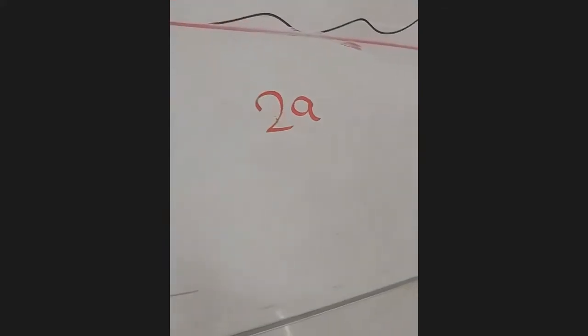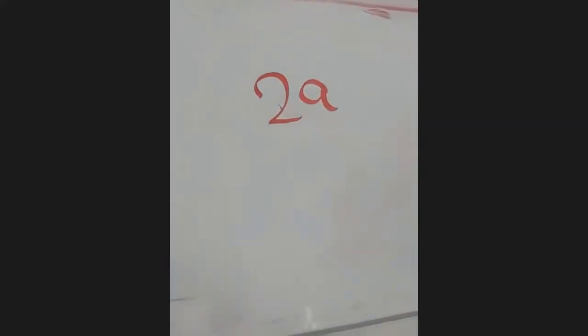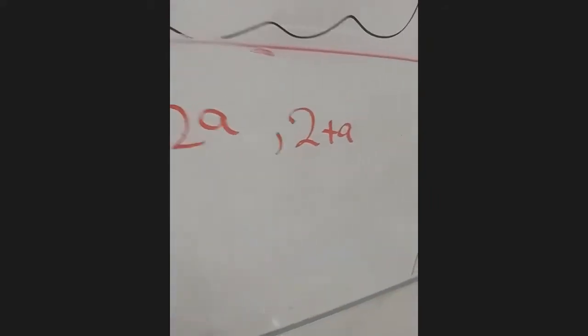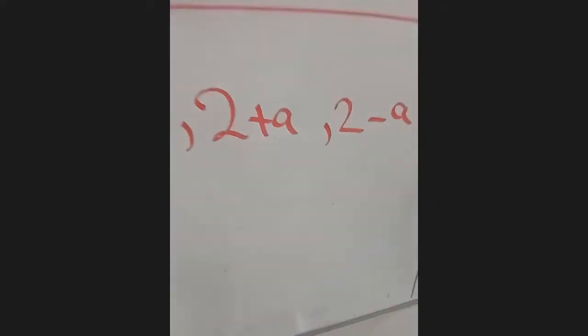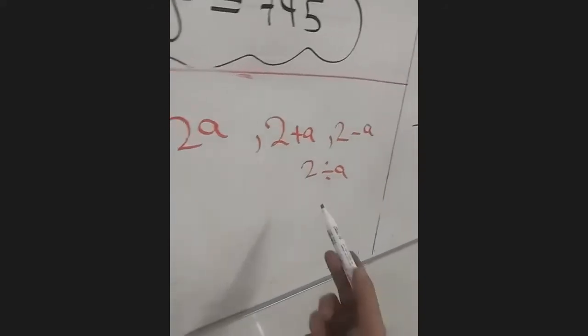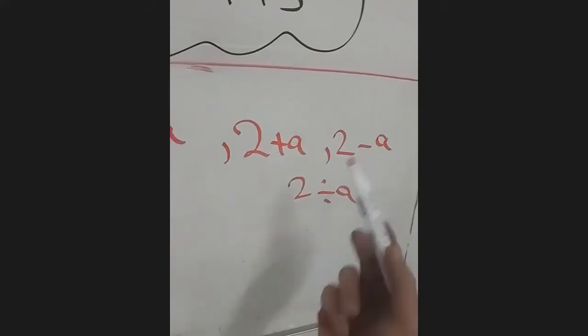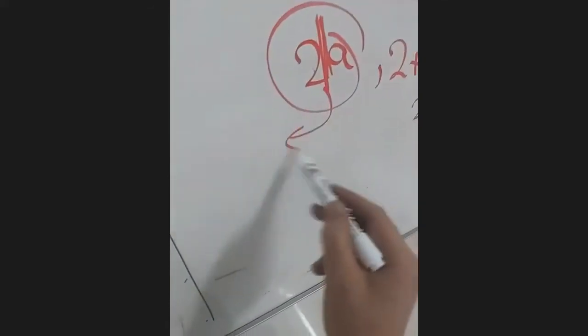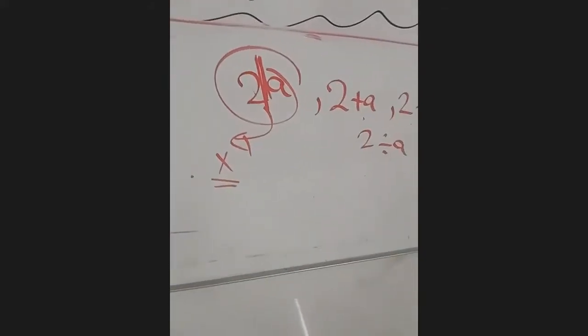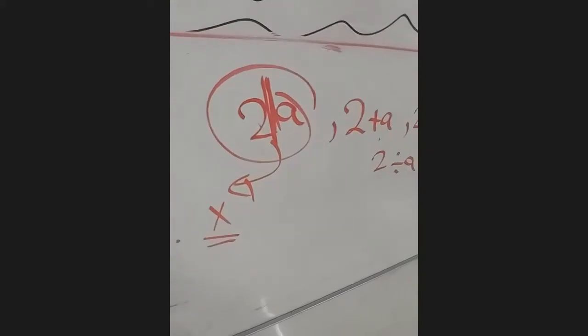When we say, for example, 2a, and we have 2 plus a, and we have 2 minus a, and we have 2 divided by a. So we have division, we can put subtraction, addition, and here there is nothing. If there is nothing, it means multiply.